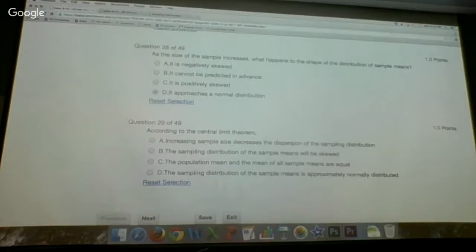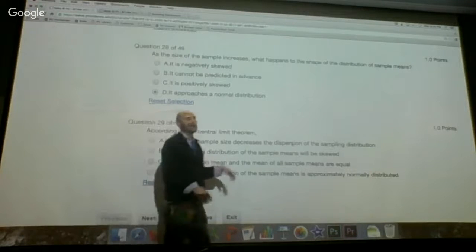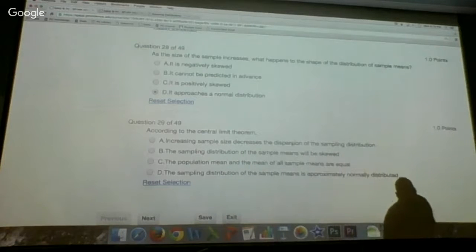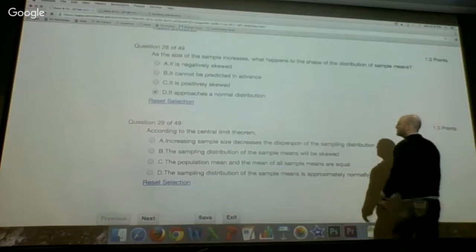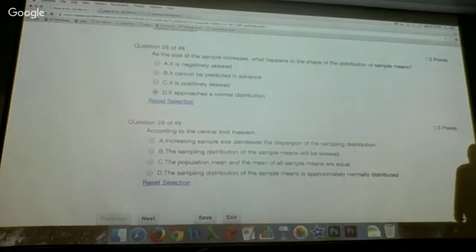According to the central limit theorem, now here's a tricky one, because the central limit theorem says some things directly, but some parts of it are corollaries. Corollary being sort of like, because we know this, an obvious follow-up conclusion is this. We'll call that a corollary. In mathematics, they're very specific. But in this case, a lot of these things are known to be true, and increasing the sample size decreases the dispersion of the sampling distribution of the sample means.